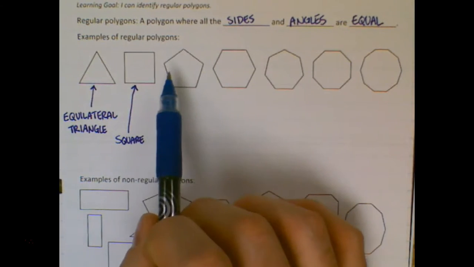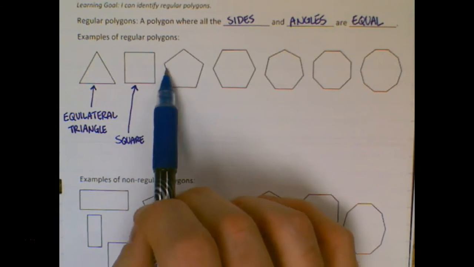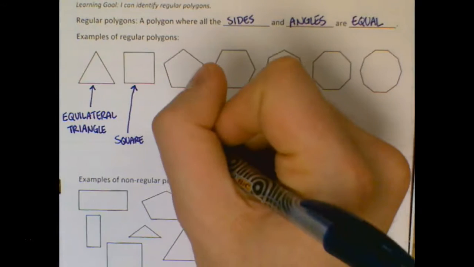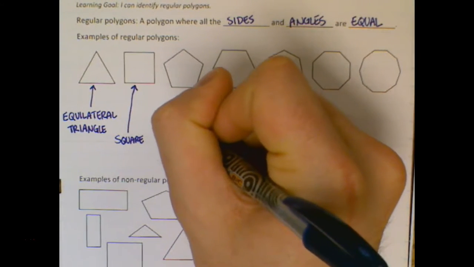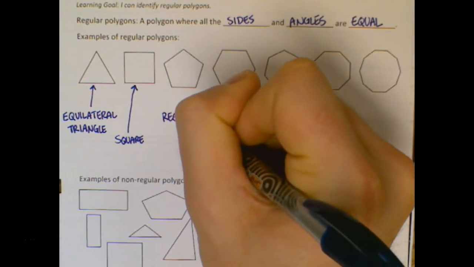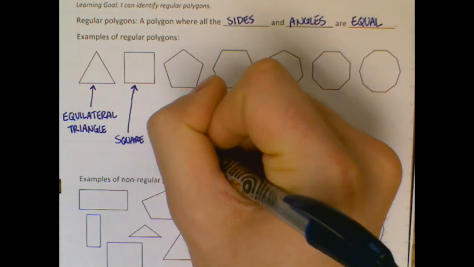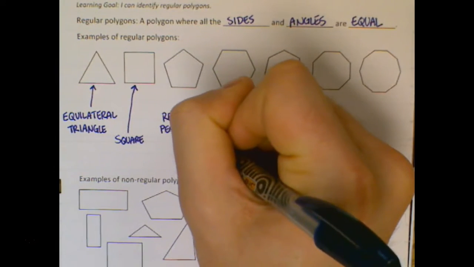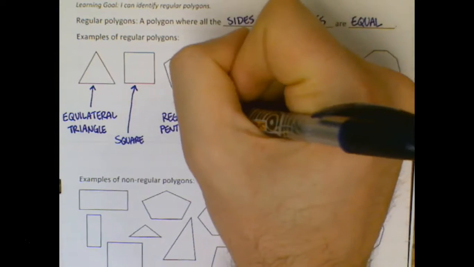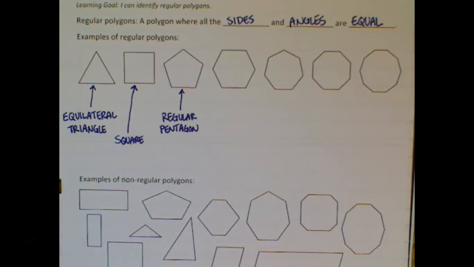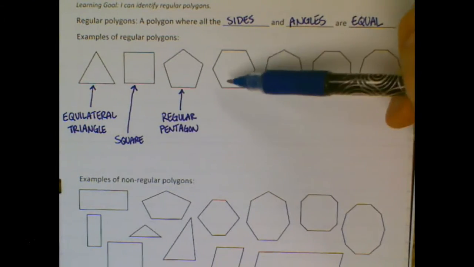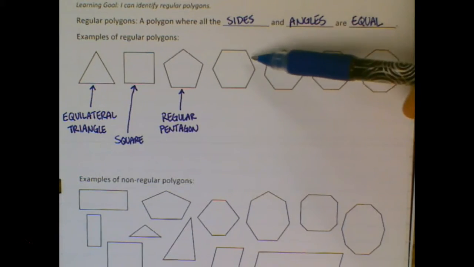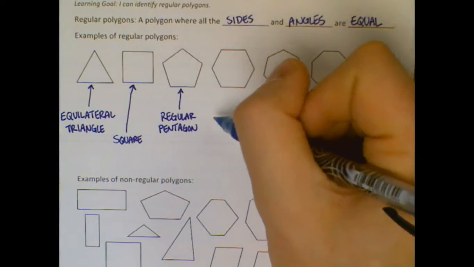Okay, so this shape right here, you hopefully know it, but it has 1, 2, 3, 4, 5 sides. So we call this one a regular pentagon. Okay, the rest of them, we just start calling them regular to show they are. This shape right here is 1, 2, 3, 4, 5, 6 of them.